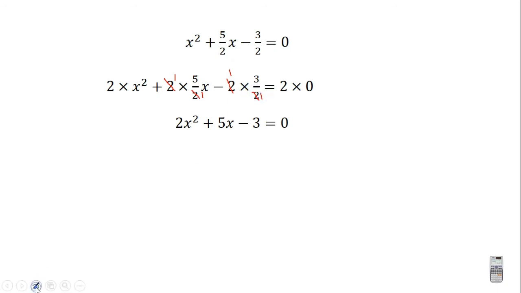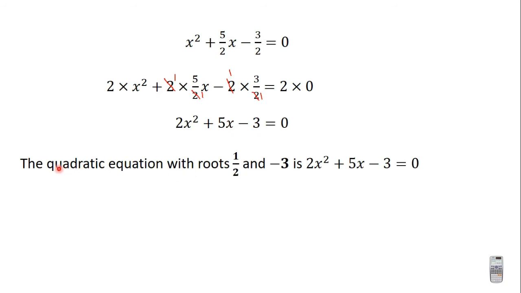We will have minus 1 times 3, and that will give us minus 3. 2 times 0 is 0. So our equation is 2x squared plus 5x minus 3 is equal to 0. So the quadratic equation with roots 1 divided by 2 and minus 3 is 2x squared plus 5x minus 3 is equal to 0. Let's look at the last example.